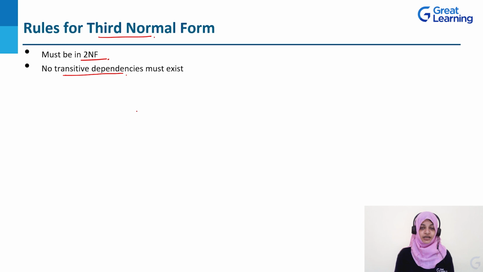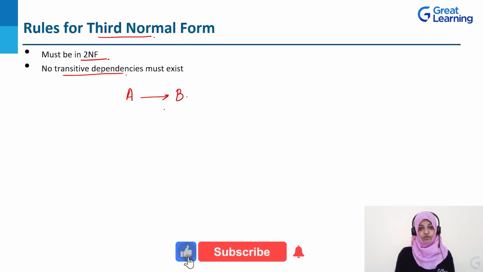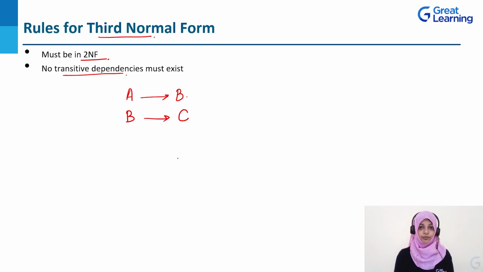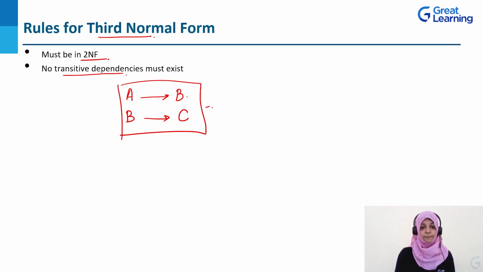So as a result, if we have a key attribute such that it is able to define a non-key attribute, and next, we've got, say, another attribute which is able to define a third attribute, these dependencies will imply that the key attribute is defining the non-key attribute C. This is known as transitive dependency, and these kinds of dependencies have to be avoided in the third normal form.